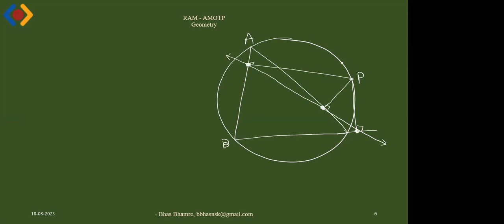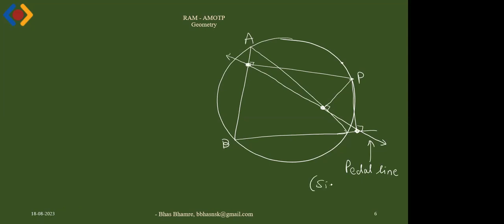Then in that case, this is termed as the pedal line, because the pedal triangle is degenerated into a line. We also call it the Simpson line with respect to the triangle. Okay, so a triangle has infinitely many Simpson lines, obviously.